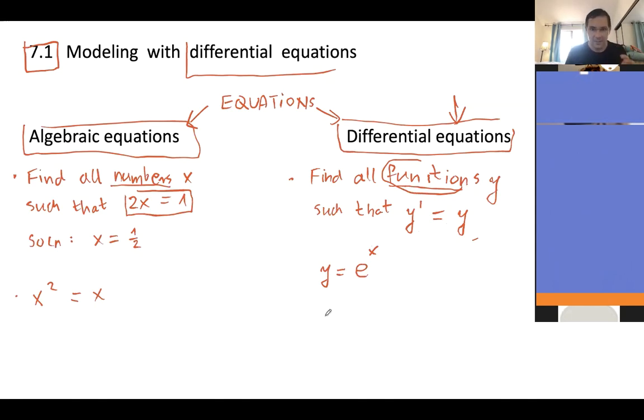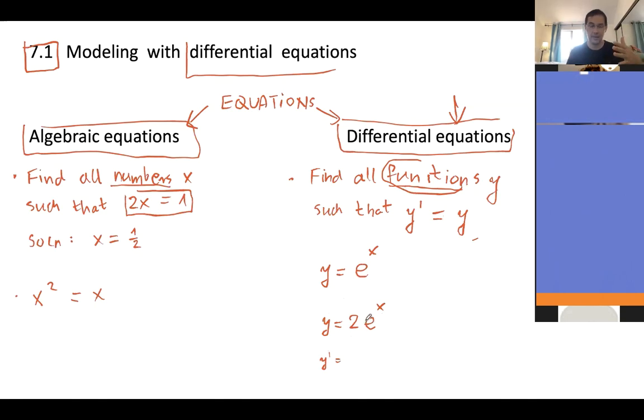Okay, so let's see. Take this function y equals 2 times e to the x. And let's see if this function satisfies this differential equation. Well, I'll have to compute the derivative of this function.